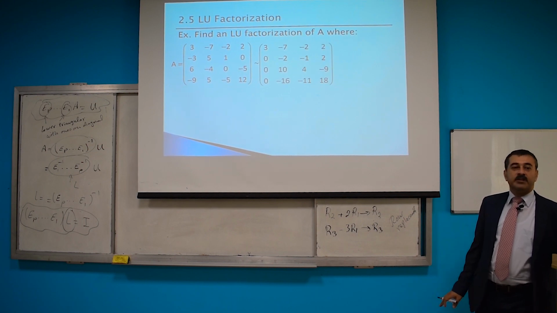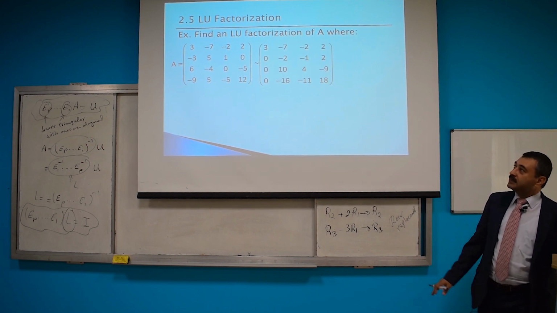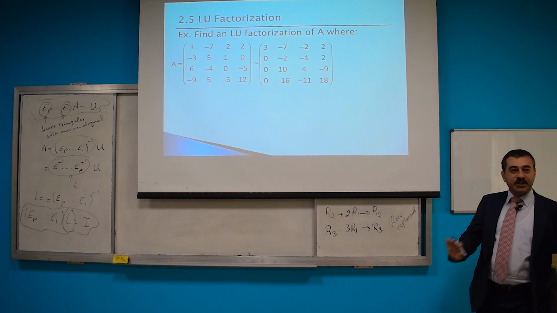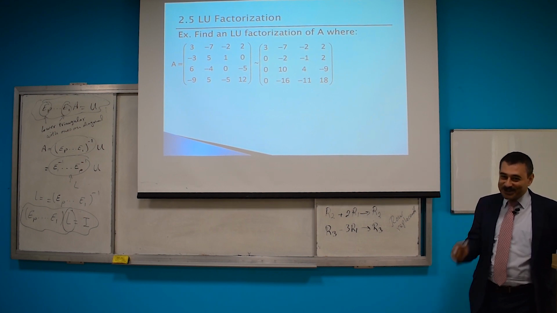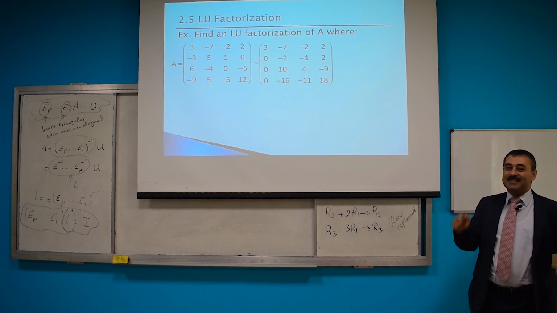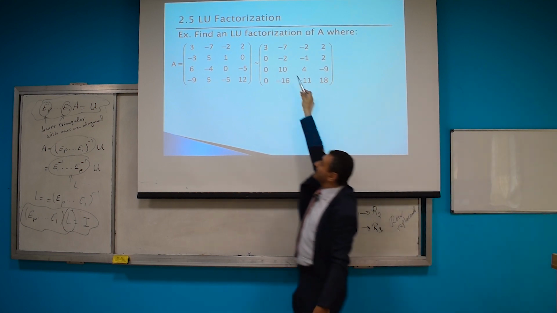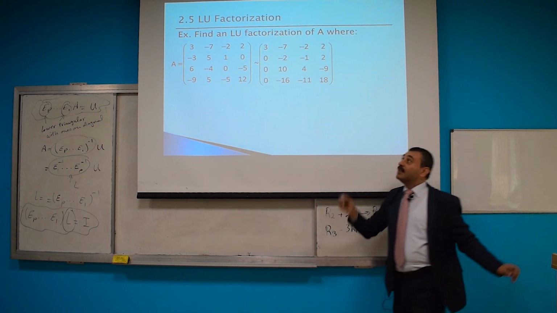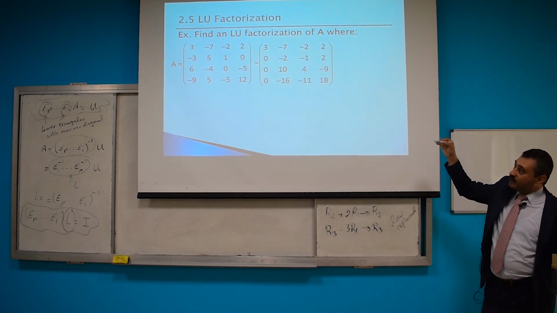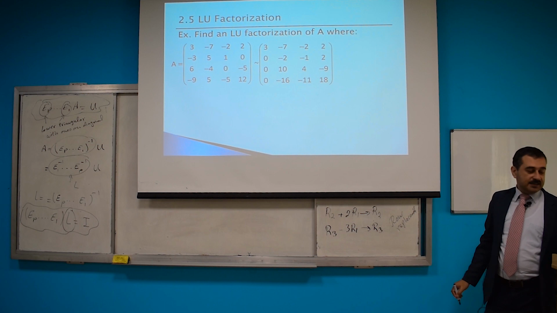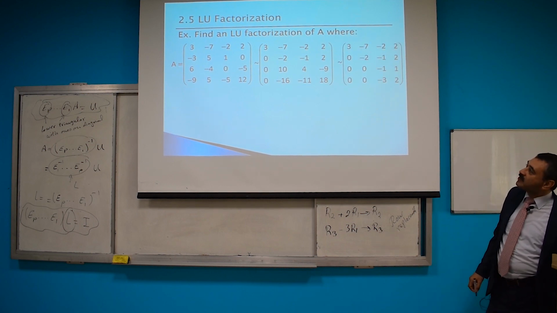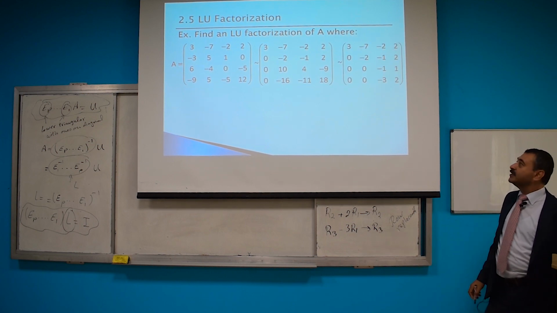This is the first iteration. Then don't do any interchange, don't do scaling, take -2 as your pivot, and then eliminate or remove 10 and -16. Okay? So this is the second iteration.